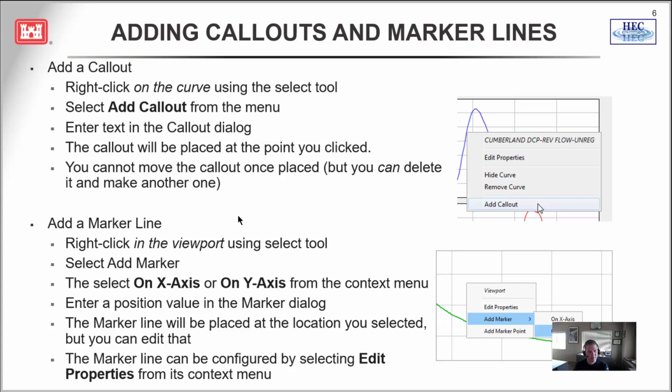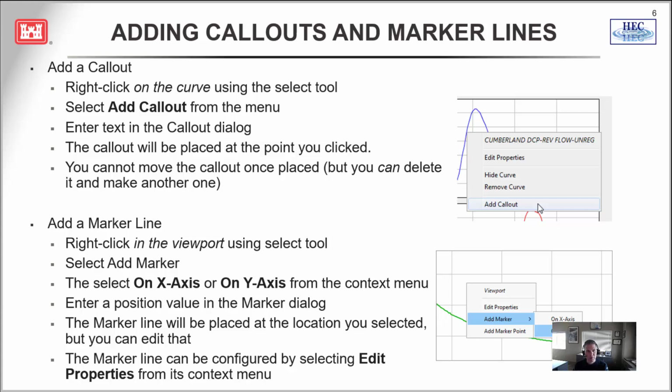The next one we have is a marker line. Again, you can right-click anywhere in the plot in a viewport, and once you right-click, you're going to have an option for Add Marker. You get to choose which axis you want to add the marker line. Once you choose either X or Y, a new editor is going to provide you the location where you did the right-click to open up this context menu, and you can override the location of the marker line.